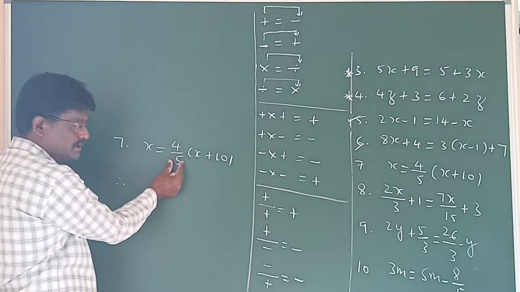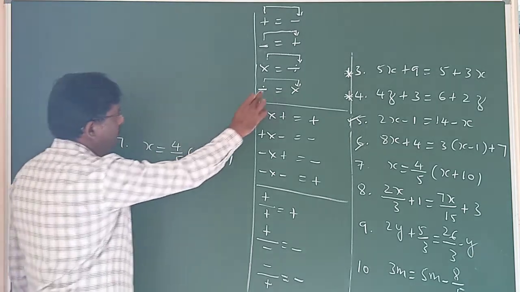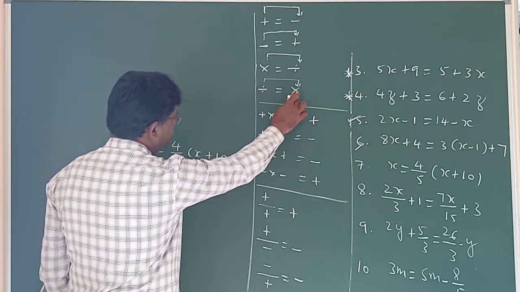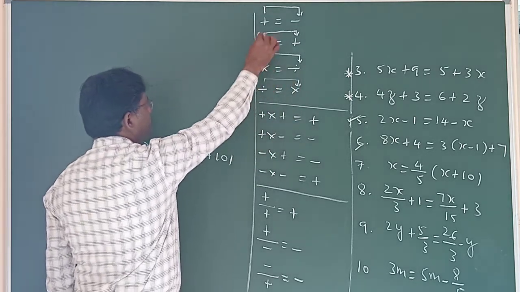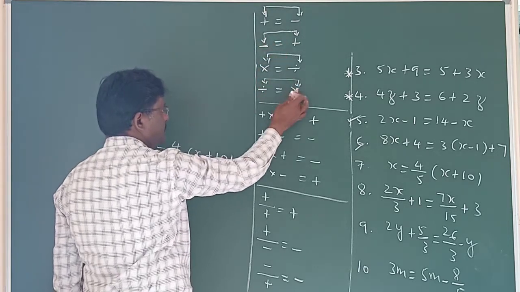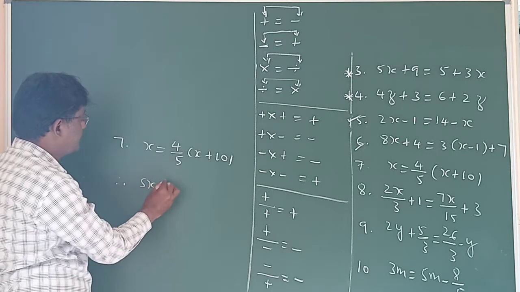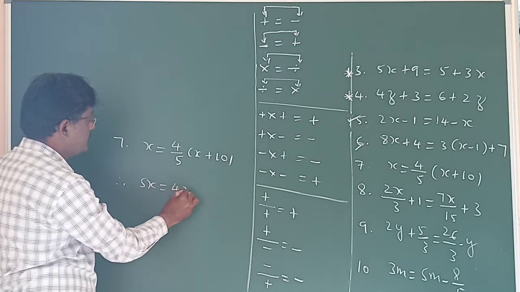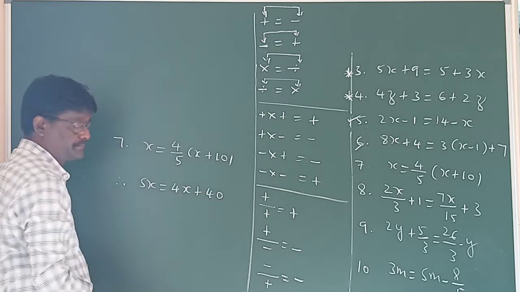Therefore, we could do the cross multiplication. 5 into x divided by, when it goes to the other side, it becomes what? Into. Division becomes into, and vice versa, into becomes division. 5 into x, 5x. 4 into x, 4x. Plus 4 into 10, 40.